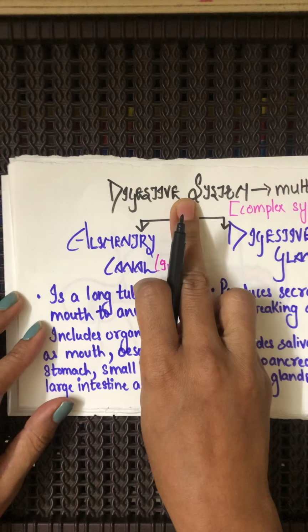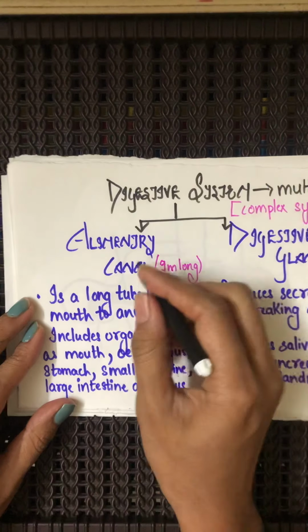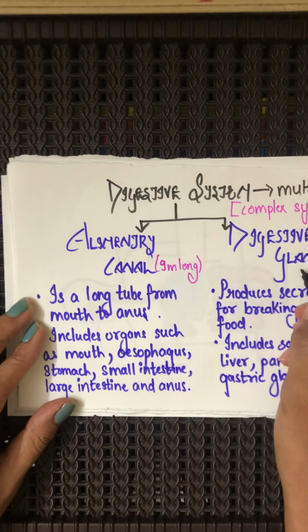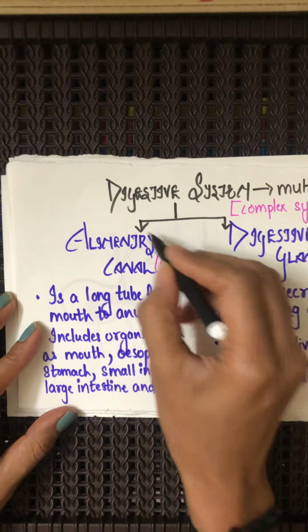The digestive system is broadly grouped into two, that is the alimentary canal and the digestive glands. The alimentary canal is a 9-meter long path which includes the various organs which help in the process of digestion.